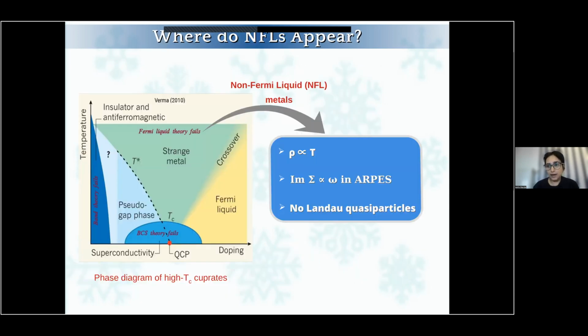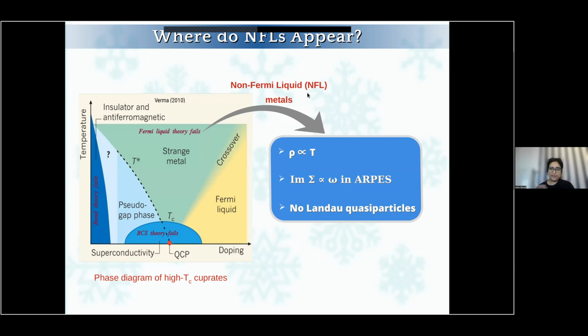Now, why should we be interested in these non-Fermi liquid systems? Do they appear in realistic materials? The answer is yes, they're quite ubiquitous. For example, whenever we look at the generic phase diagram of a high-Tc material like cuprates, we find this strange metal regime which shows non-Fermi liquid behavior.